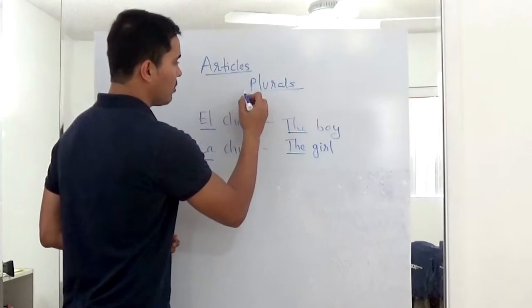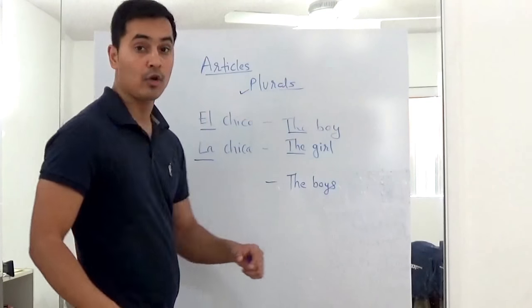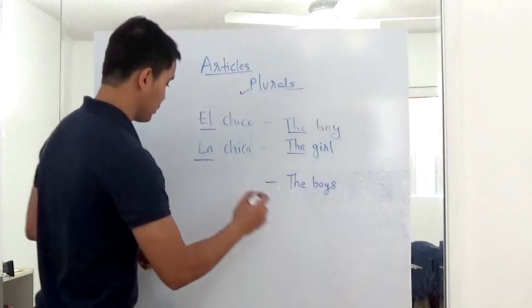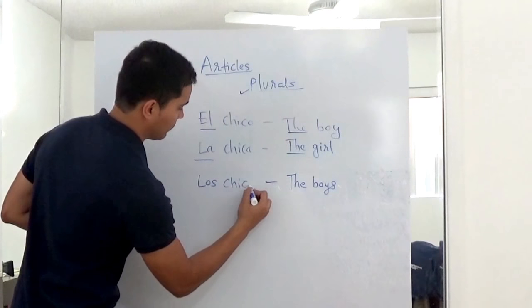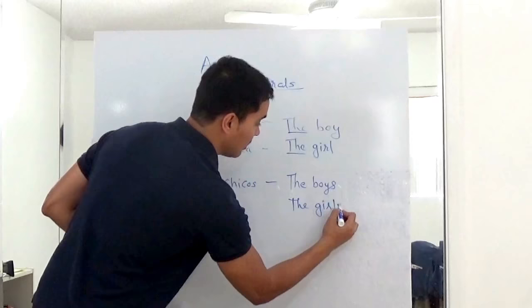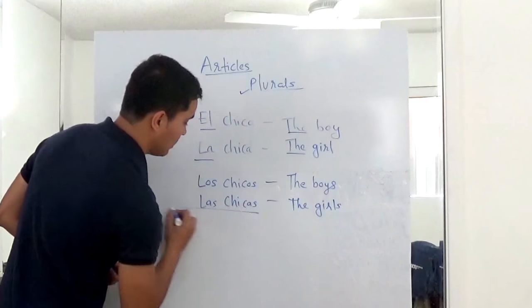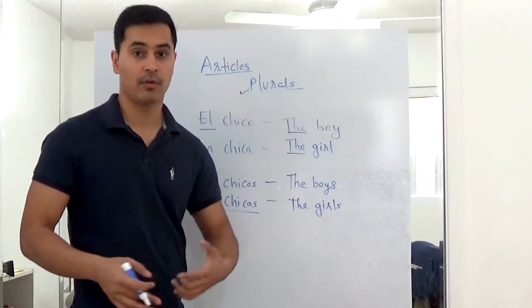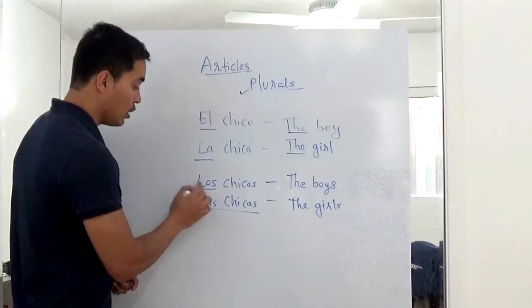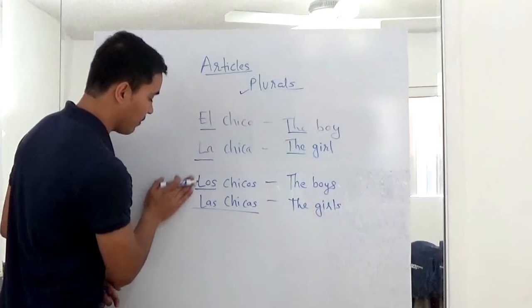Now, how about plurals? What are the articles for plural? So how do you say the boys in Spanish? You say los chicos. And how do you say the girls? You say las chicas. So the definite articles in Spanish for plural are los for masculino and las for femenino.